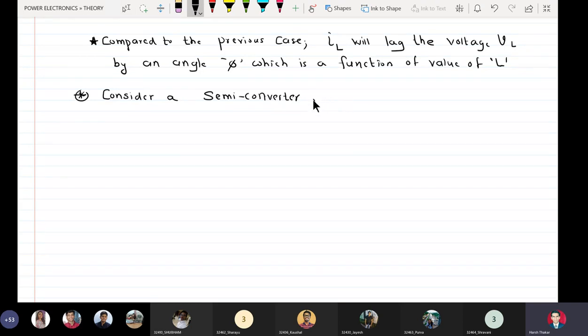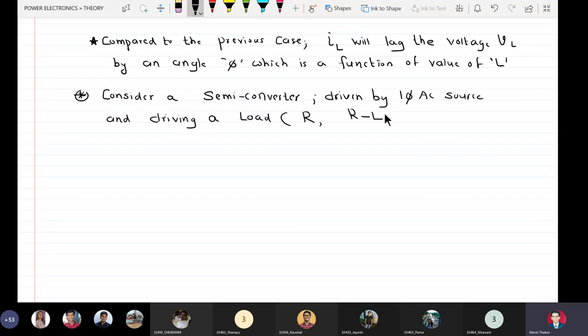Consider a semi-converter driven by a single phase AC source and driving a load. This load will first be R, then it will be RL.